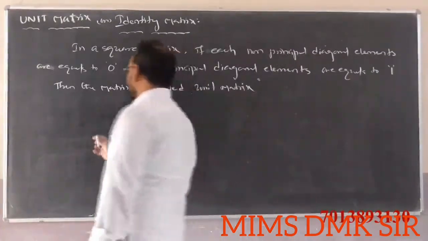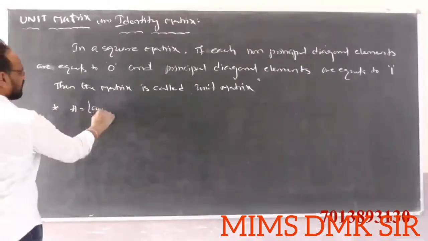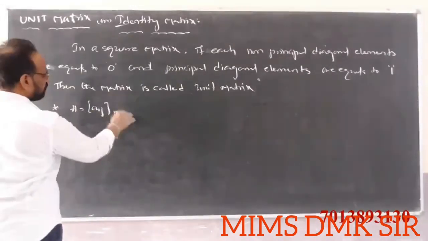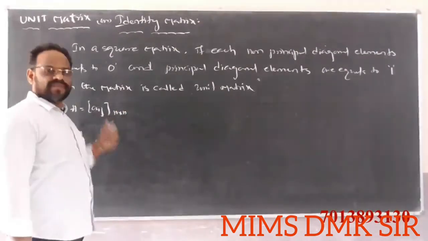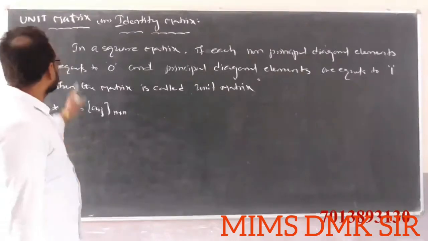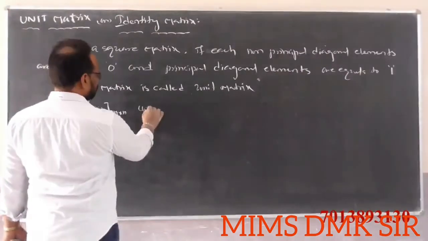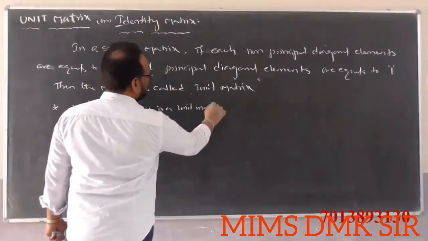That means if you take a matrix A of order n, a square matrix, then it is a unit matrix.